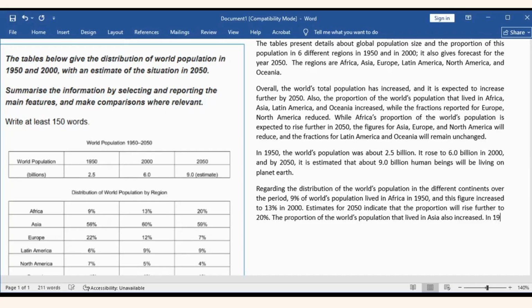In 1950, Asia had the majority of people, had the largest proportion, the largest figure of 56%. And it rose to 60% after 50 years.